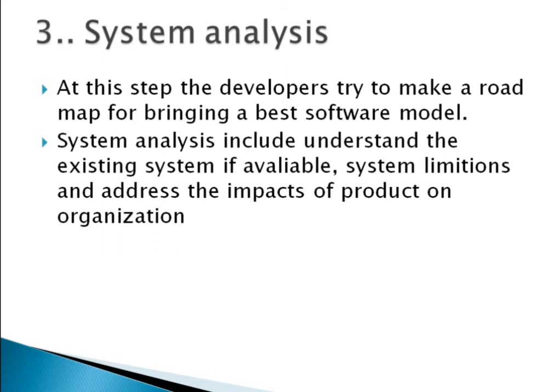It also covers system limitations and addresses the impact of the product on the organization, that is, what benefit the organization will get from this system. In system analysis we analyze the system and select the best model for the software.